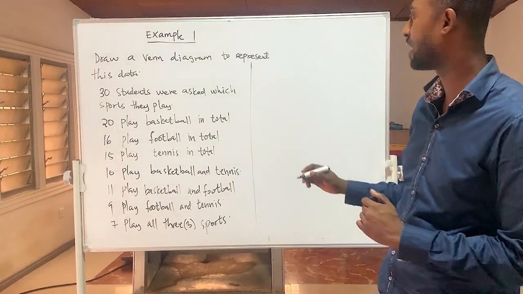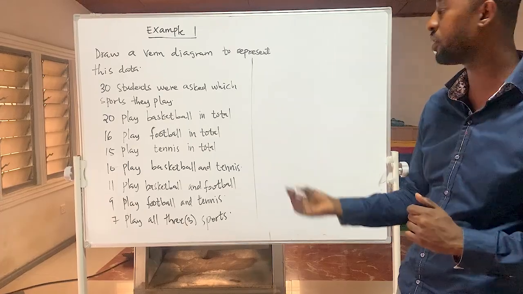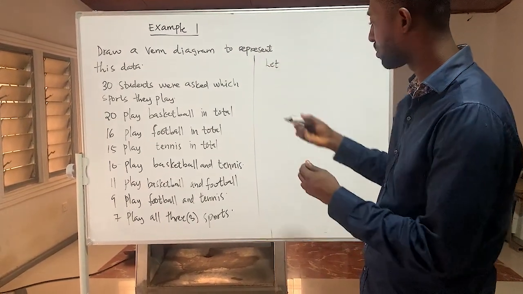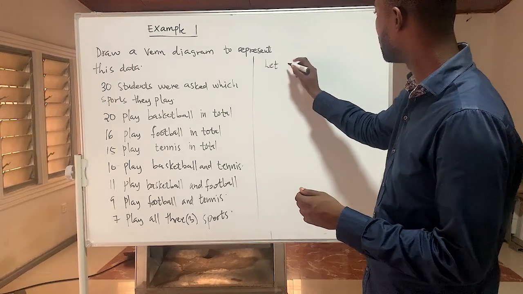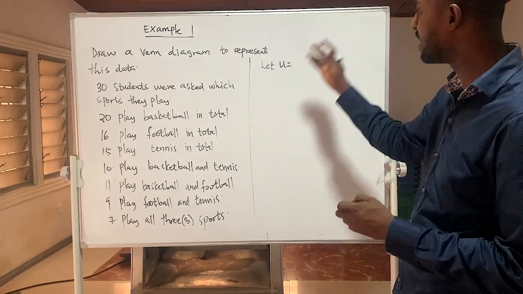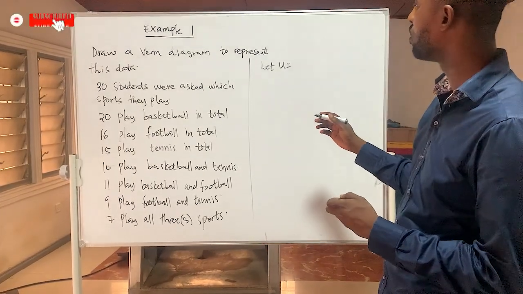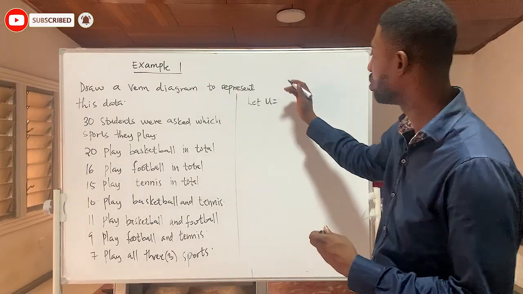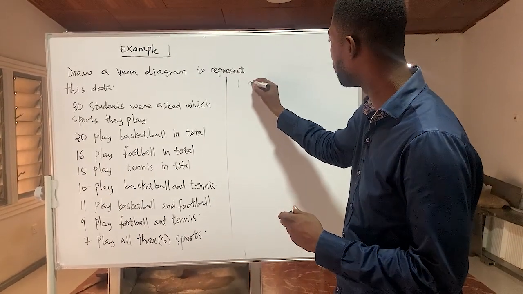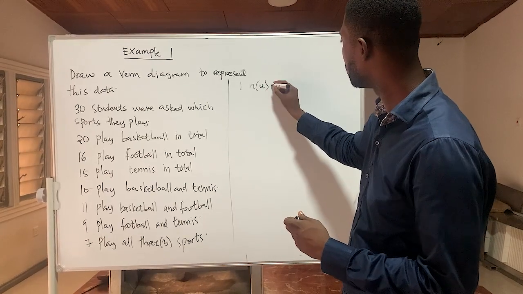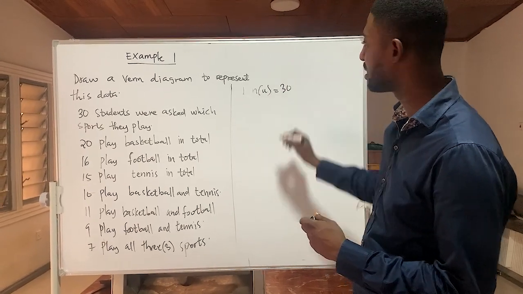So here, I told you first you need to declare your variables. So you need to start, let U represent the students in the school. So I'm going to have number of U equal to 30.